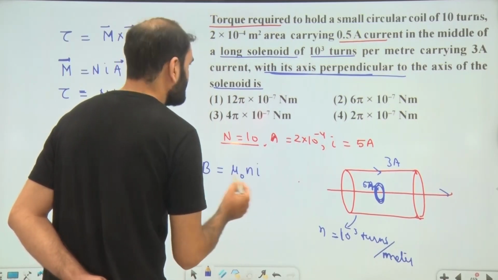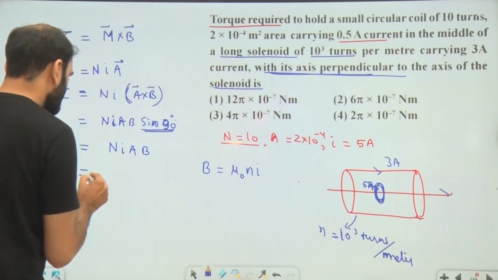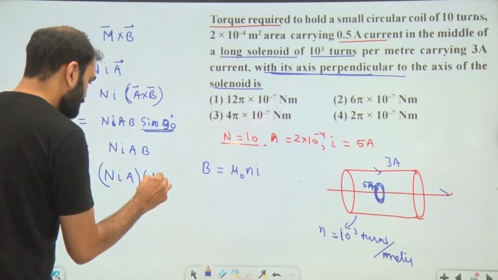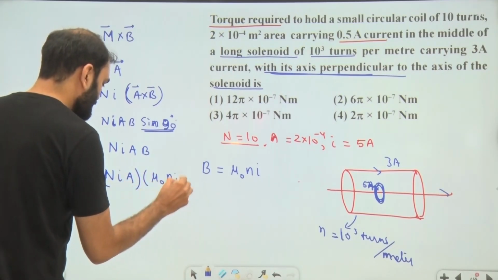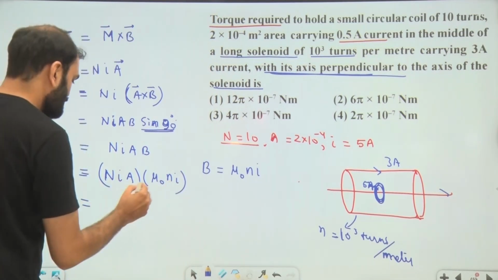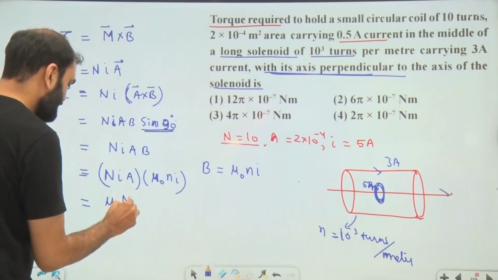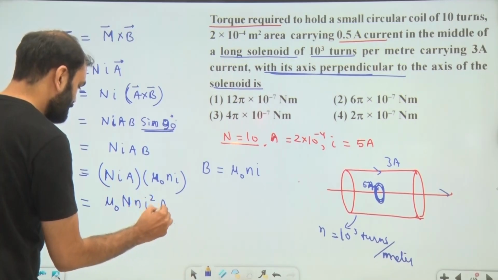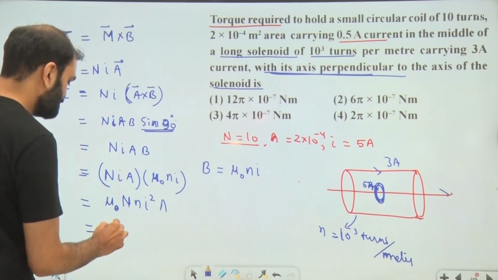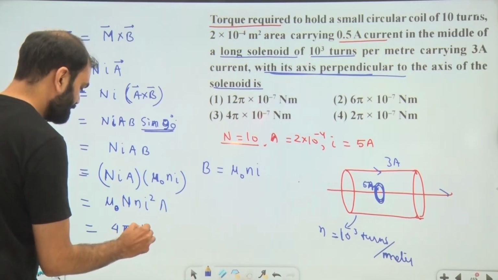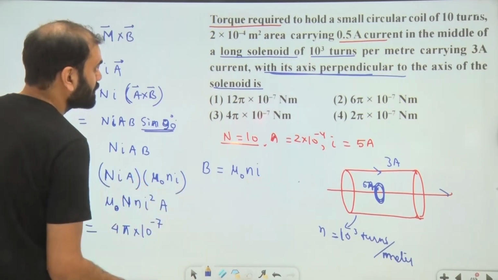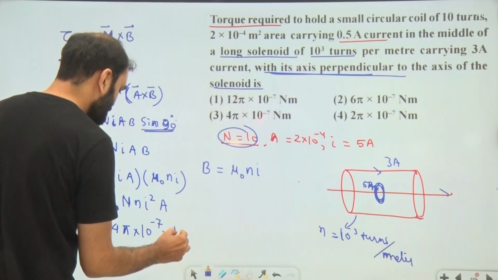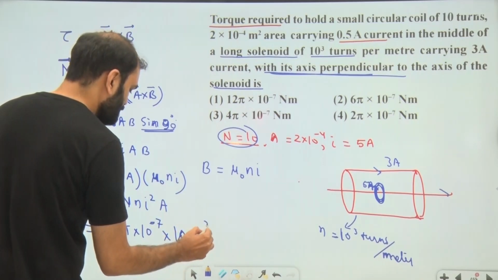So I put the value of B: torque equals N I A times mu naught n I. Putting in the values, mu naught is 4 pi into 10 raised to power minus 7, the number of turns in the coil is 10, and the number of turns per unit length is 10 raised to power 3.